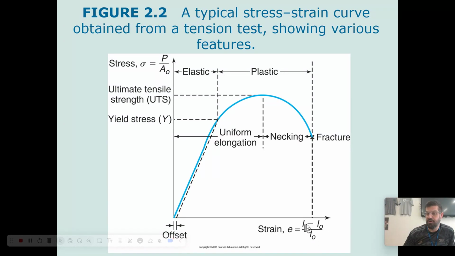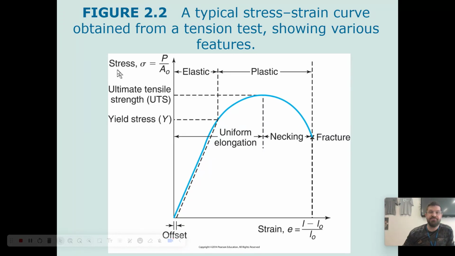So 12 minus 10 is 2, divided by 10, so 0.2 is the answer. Strain would be 0.2 in that case. So it's basically saying, as a percentage, how much has the length changed.